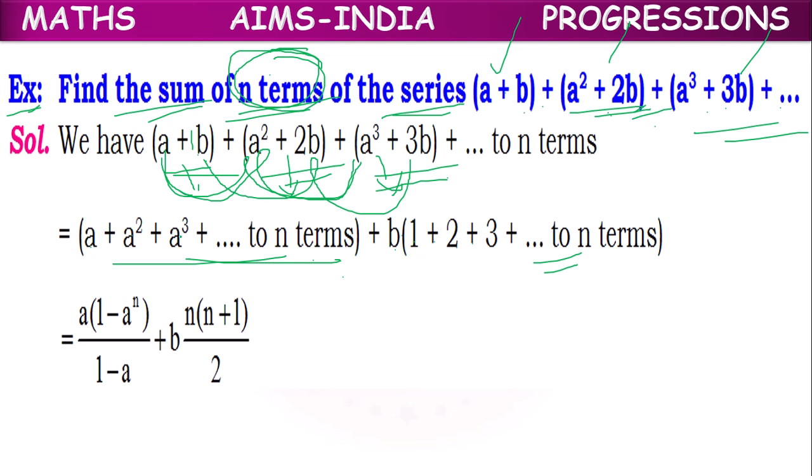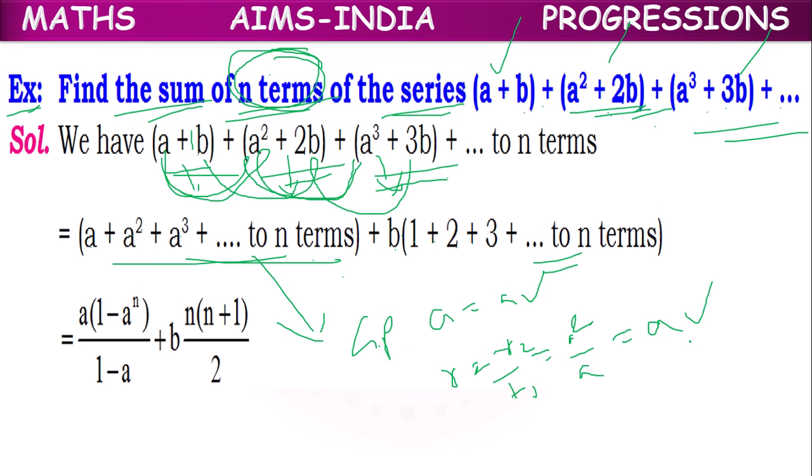So a plus a square plus a cube is a GP with first term a, common ratio T2 by T1, which is equal to a square by a, which is equal to a. So the first one is a GP with the first term as a, common ratio as a.